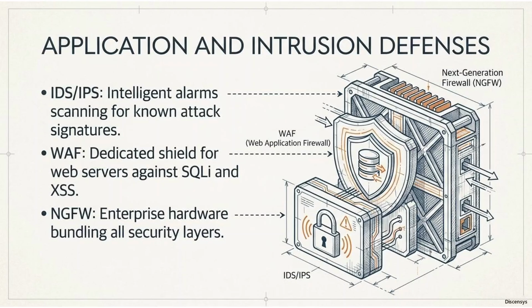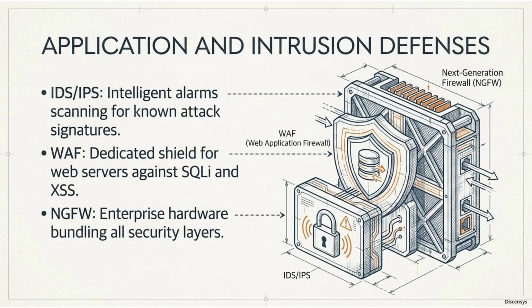So, coming to the slide, application and intrusion defenses, IDS or IPS. Intelligent alarms scanning for known attack signatures. So, they try to intervene or peep into the process and try to understand whether they are known attacks or unknown attacks.